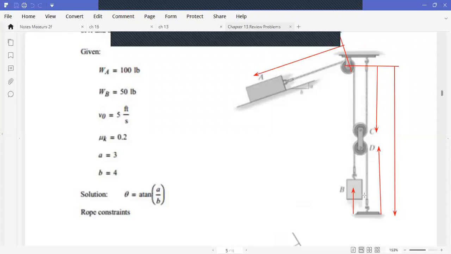Suddenly we put block B, and block B will prevent it from going down. It will decelerate A until reaching a velocity of 0. We want to know the acceleration of A, which will certainly be negative, and the distance it will move before stopping.